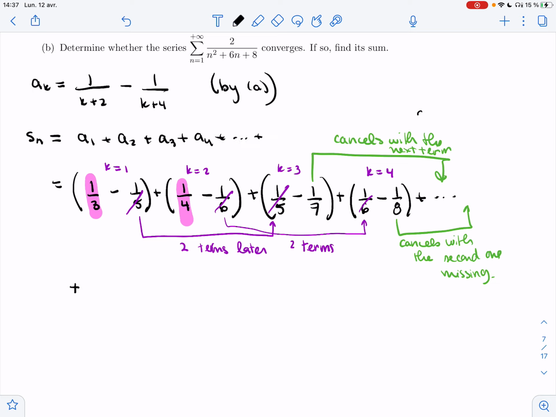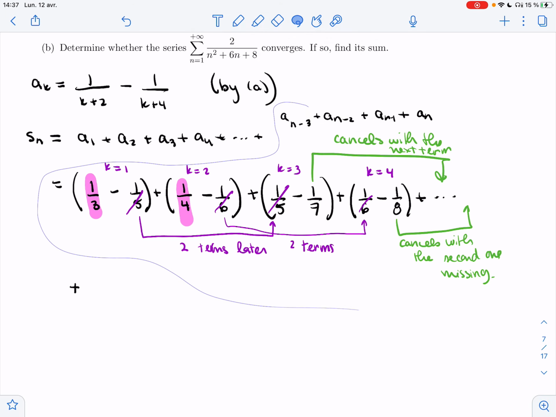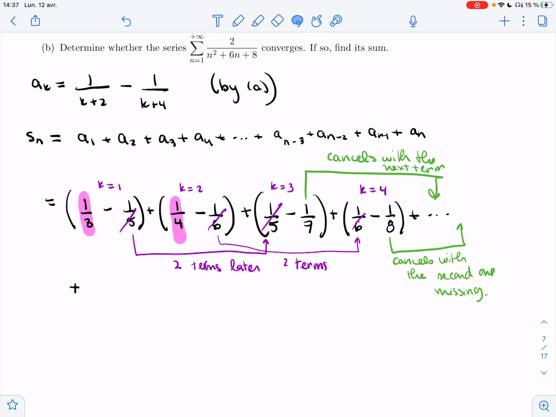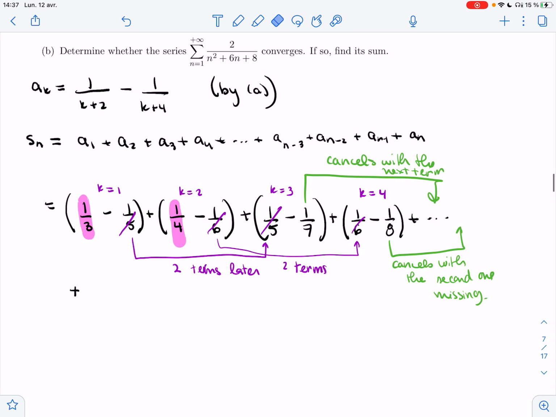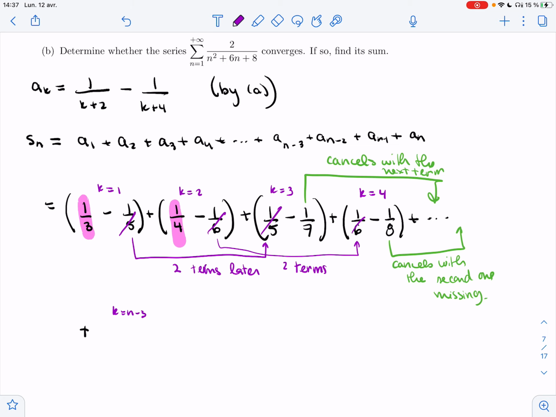Then I'm going to start with A_(n minus 3), A_(n minus 2), A_(n minus 1), A_n. Let me lower this part so it lines up. Perfect.